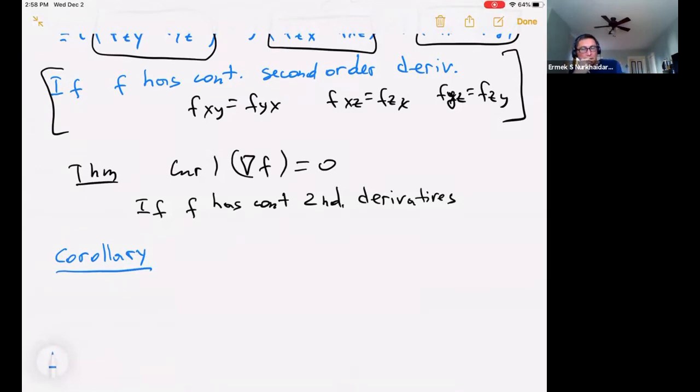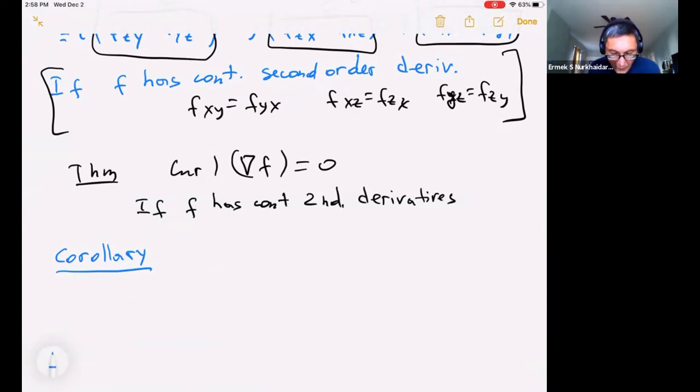So you remember our conservative field. A field is called conservative if it equals the gradient of a function, right? So now if you put this theorem and the statement of conservative together, you see a field is conservative if it's a gradient. If it's a gradient, when you take its curl, it equals 0.